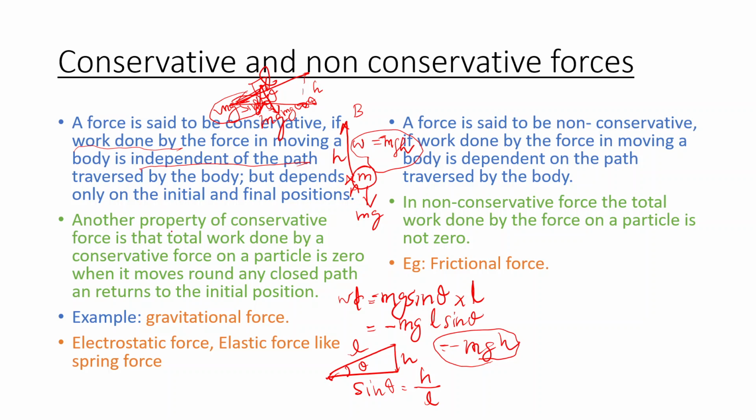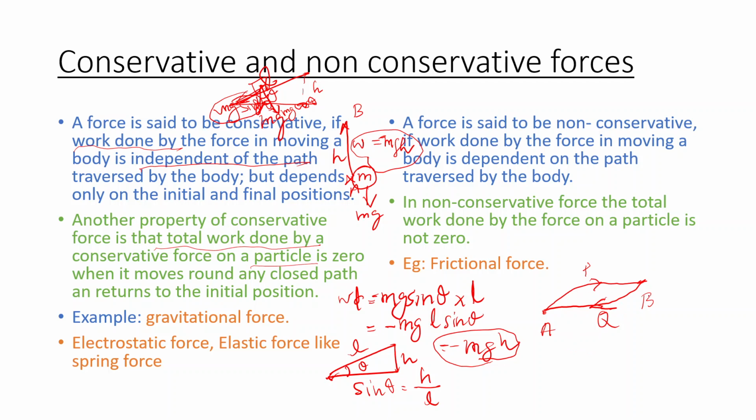Now another property of conservative force is total work done. Total work done by a conservative force on a particle or a body is zero when it moves around any closed path. For example, a body we are taking from a point A to a point B through this path, let us imagine. You can call it APB, and we are taking it back through another path called BQA.